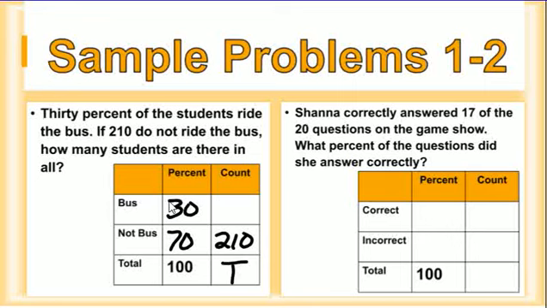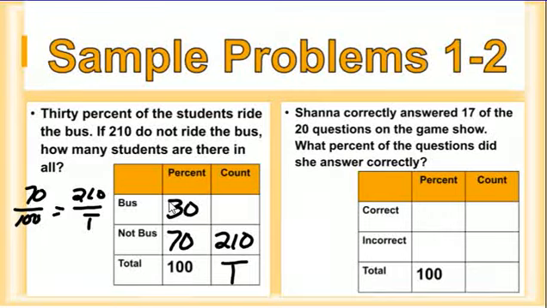So you can see that I can use the different proportions here in order to solve this one. I'm just using the bottom four boxes. So it's really 70 over 100. It's the same as 210 over T. So I have two ratios or two proportions equal to each other.